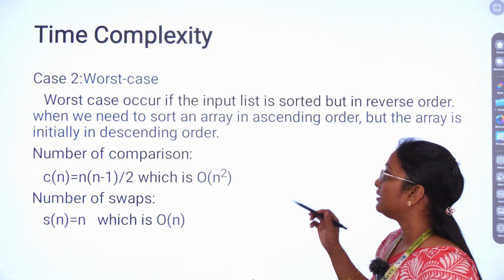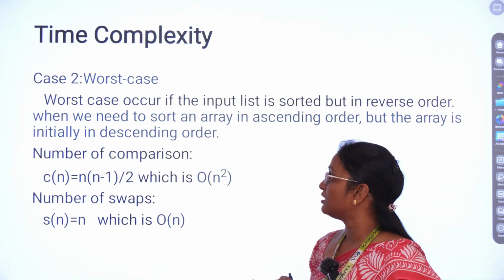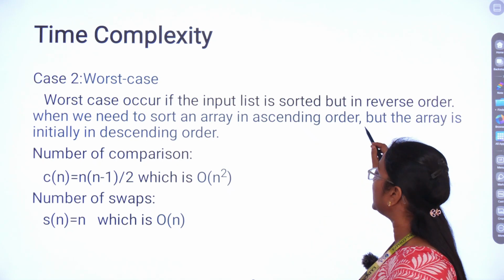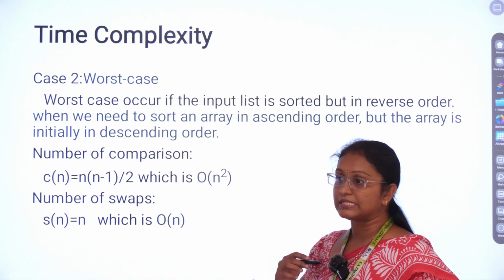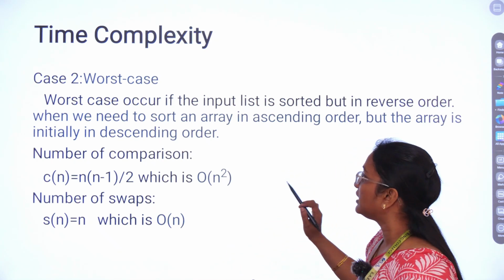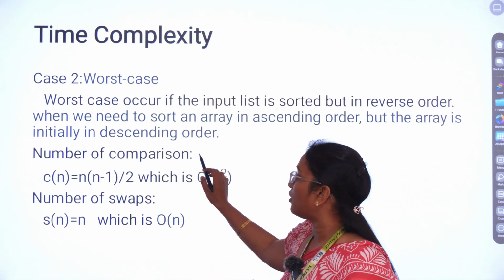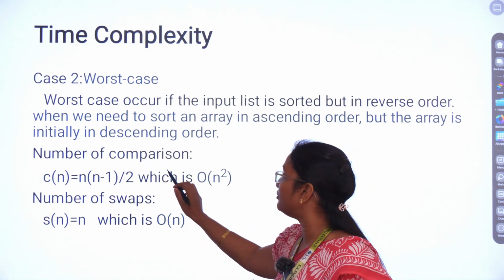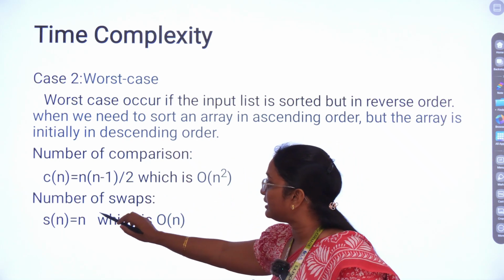Next, time complexity for worst case. Worst case occurs if the input list is sorted but in reverse order, that is, descending to ascending order. That is called the worst case. Here the number of comparisons is the same as best case, n into n minus 1 divided by 2, which is in the order of n square.